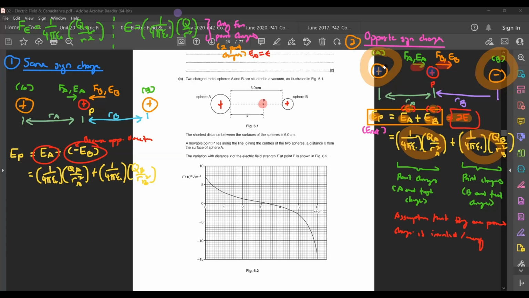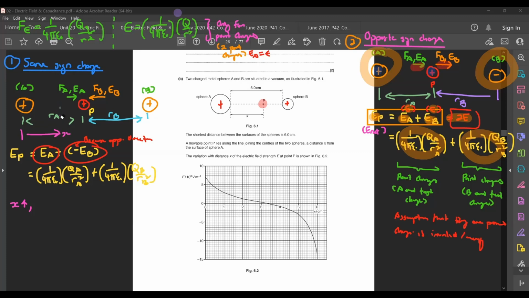Your X is measured from the left-hand side, from your sphere A. Consider this: your X determines where your point P is. If X was here, this is where your point P is. If X was here, this is where your point P is. So just bear that in mind.